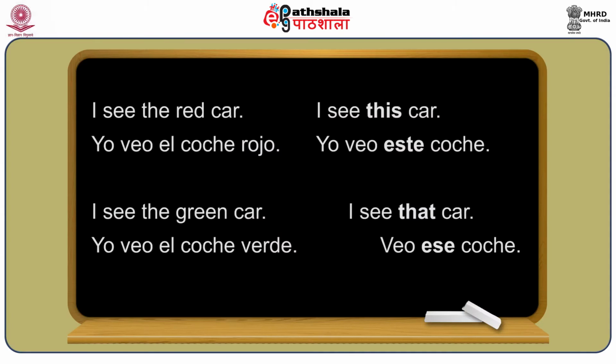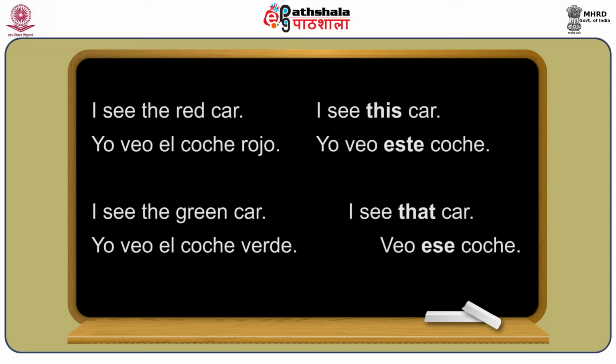For example, when I say I see the red car, and if I say I see this car, in the sentence I see this car, this is actually the demonstrative determiner. And in Spanish, I see the red car will be yo veo el coche rojo, and I see this car will be yo veo este coche.